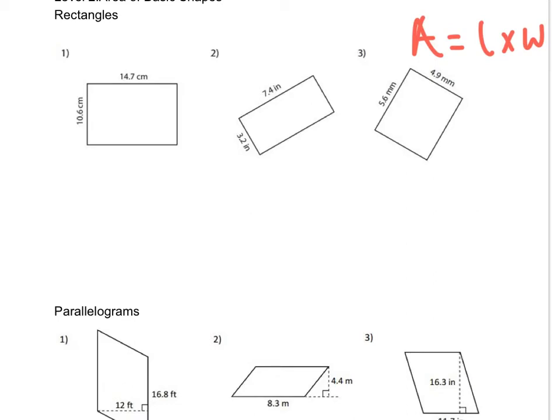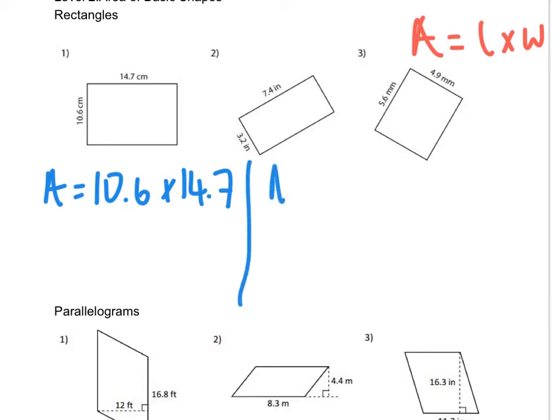I'm not going to necessarily find the answers for you. You can just plug them into a calculator or multiply them out yourself. So if you look at number 1, the area is going to be 10.6 times 14.7. Plug that in your calculator, that's going to give you the answer.